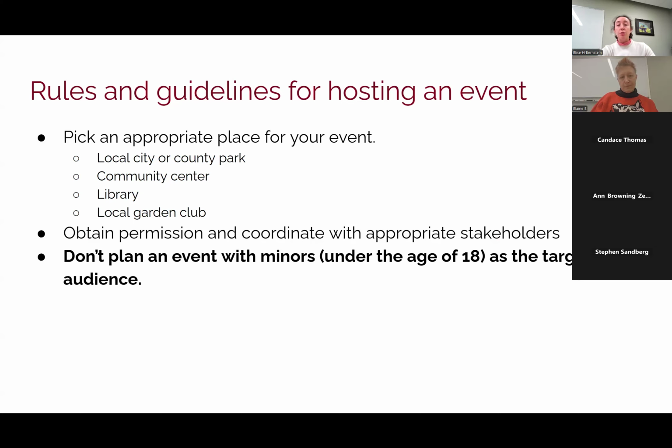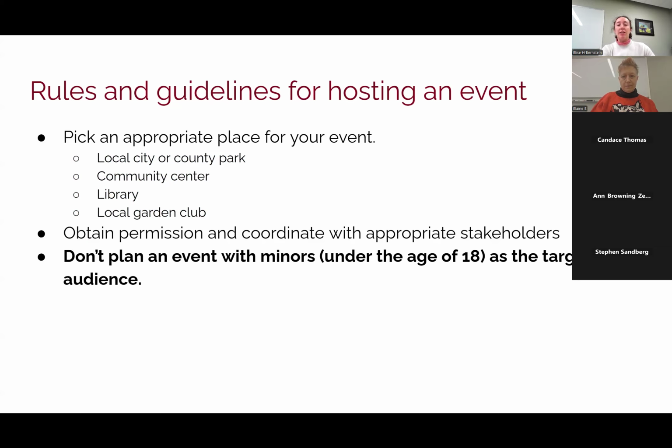Another important rule that we have for our pollinator ambassadors, it relates to working with youth or minors under the age of 18. So per university policy, anybody that is interacting with minors needs to go through a background checking process, which is why we ask that when you're planning an event, you plan it not necessarily targeting kids as your primary audience.